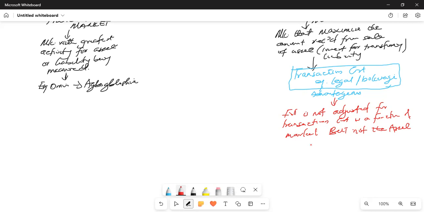If the entity is able to access a principal market, you will realize that the price is better. But if you don't have a principal market, then you are stuck with the most advantageous market, where you are going to suffer from this kind of transaction cost also.